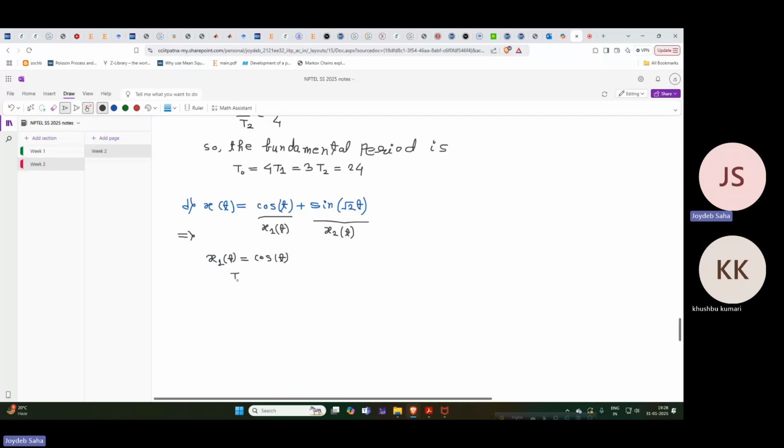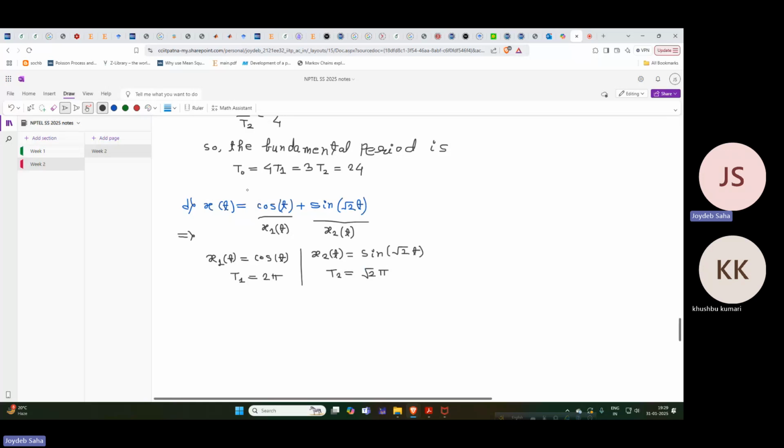So the fundamental period T1 is equal to 2 pi. x2(t) is equal to sine(root 2 t). So the fundamental period T2 is equal to 2 pi upon root 2.